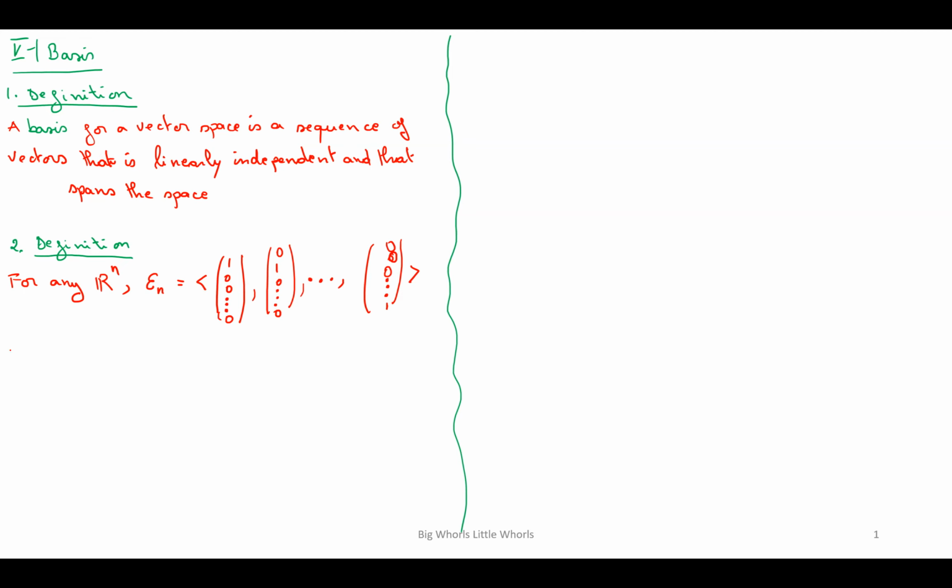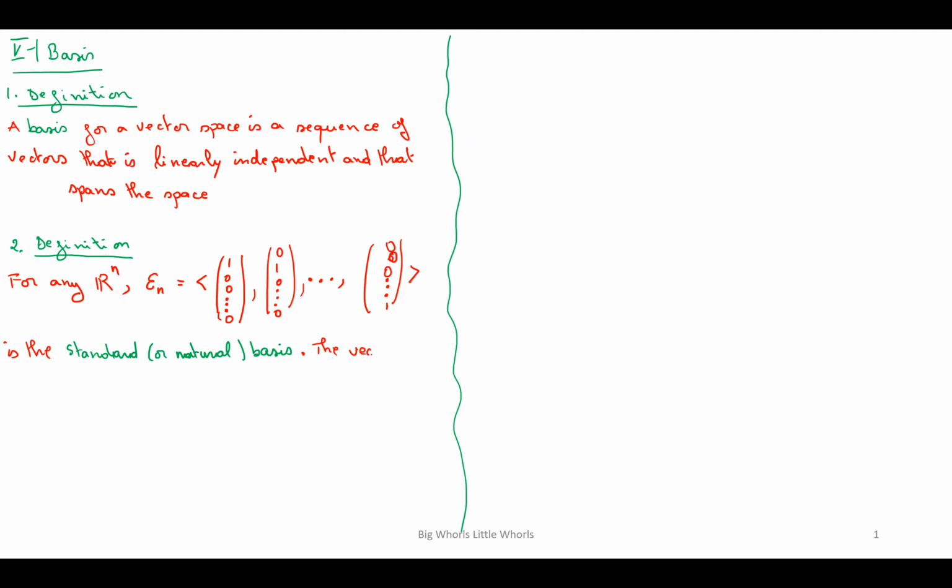This basis, the set of those vectors, is the standard or natural basis for Rn. Okay.